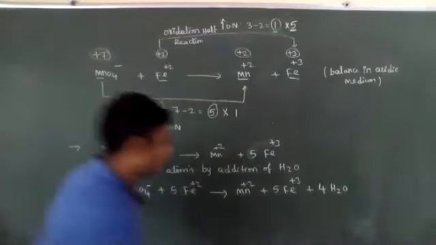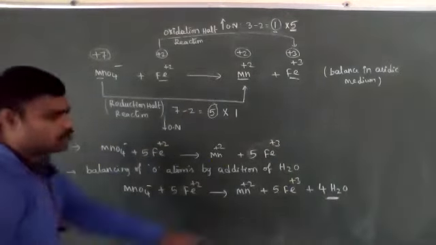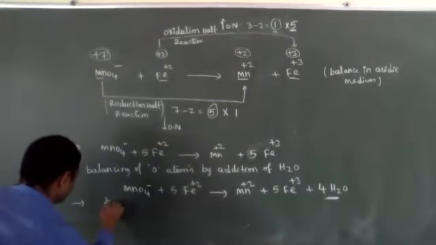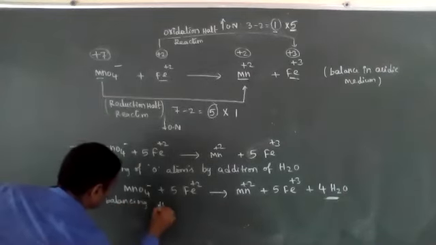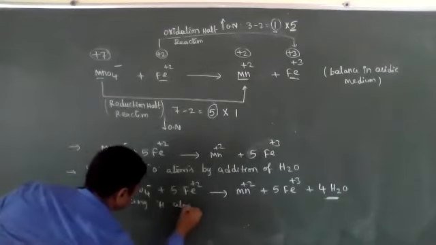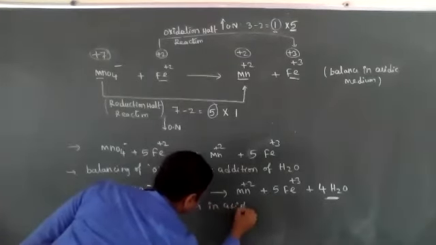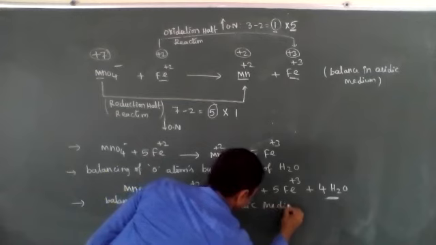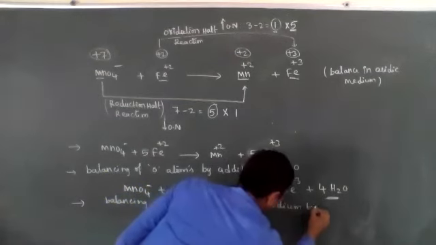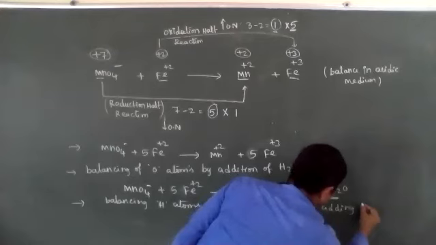After that, hydrogen atoms. How many? 8 hydrogen atoms extra. Balancing hydrogen atoms in acidic medium by adding H plus ions.